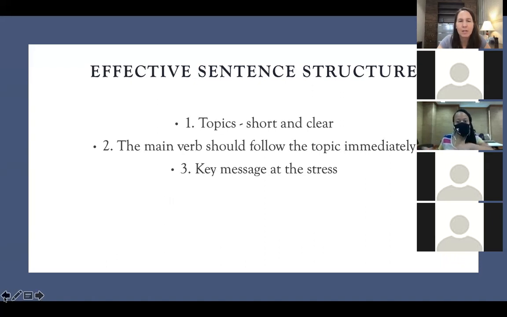So with that in mind, the topics should be short and clear. The main verb should follow pretty close to the topic, not too long after the topic. And the key message should be at the stress, the end of the sentence. Now, these are really good guidelines to understand why certain sentences are effective and help you to figure out if you feel like a sentence isn't working, or if you're feeling like the flow isn't working.